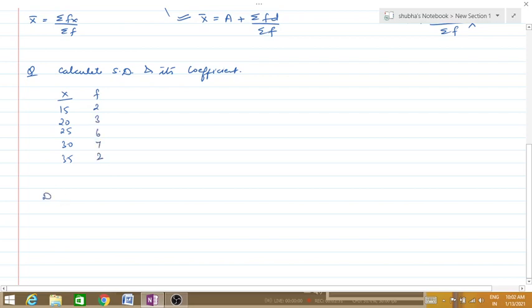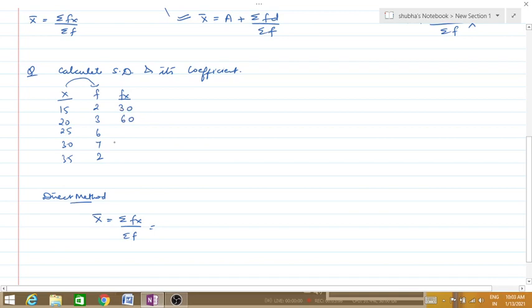Now when we use the direct method, we need the actual mean. The actual mean is calculated with the formula sigma fx over sigma f. So for this we need fx. fx is 15 into 2, that means x multiplied by f, so it becomes 30, 60.